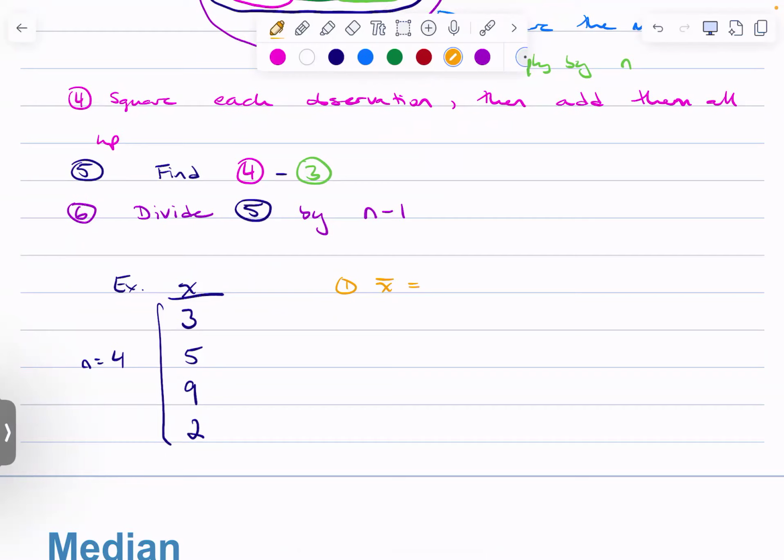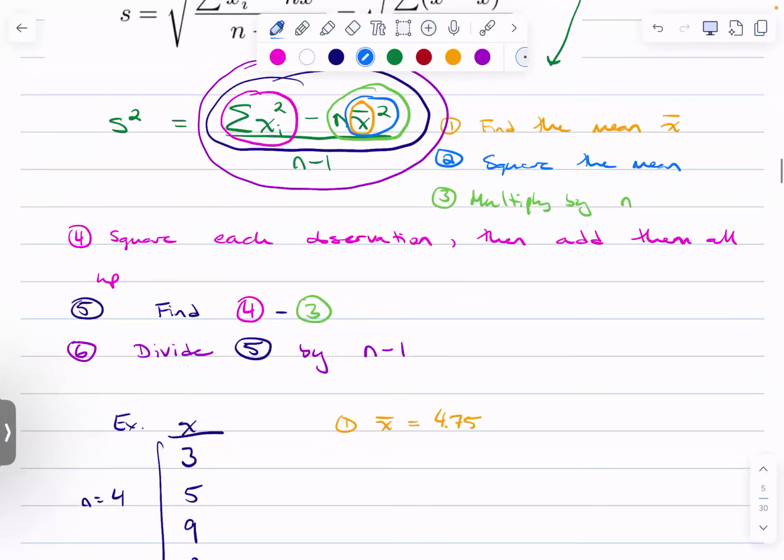It's 19 divided by 4. Oh, nice. I get a nice number like 4.75, so I'm not going to round it. If it's only 2 decimal places, you should keep them all. Step 1, done.